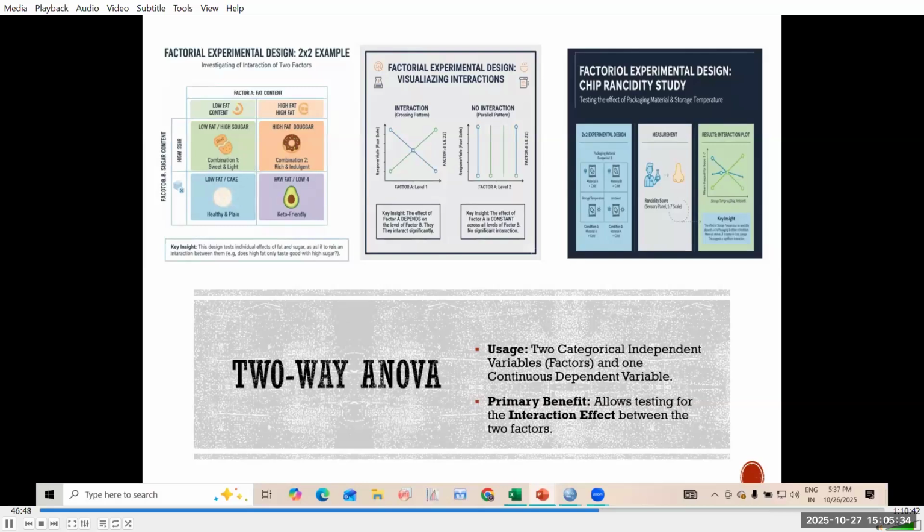But when we are considering two factors altogether, like the ultrasound amplitude and the extraction time, then we will use two-way ANOVA.